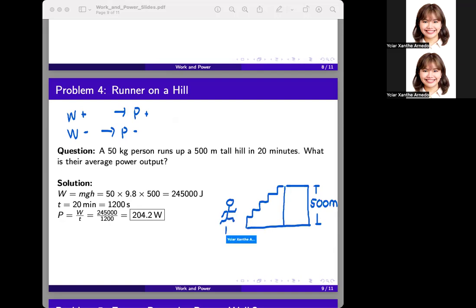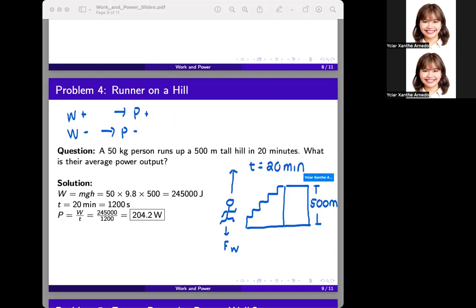So of course, we have force acting on the person, but there's also upwards motion to reach the top. So the time given here is 20 minutes.